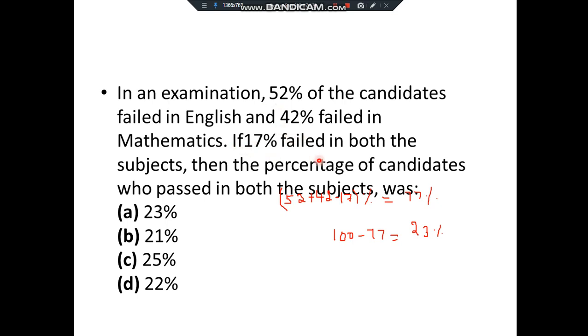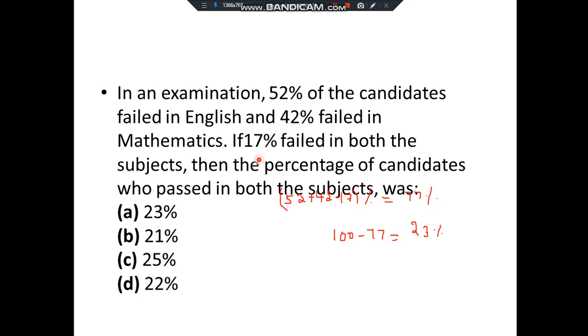Here all three are about failed percentage, right? So you have 52% and 42% for English and Maths. 17% failed in both, which is already counted in English and Maths, so it is an extra count.